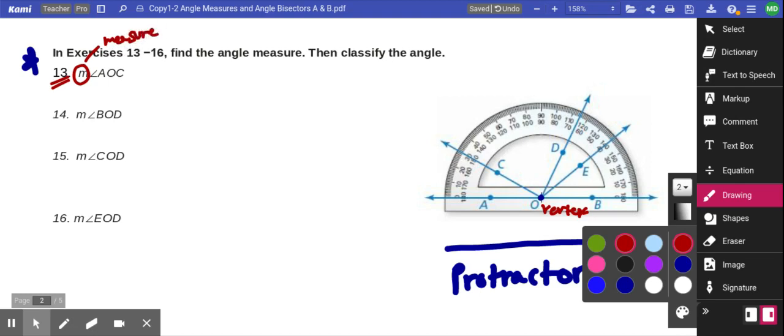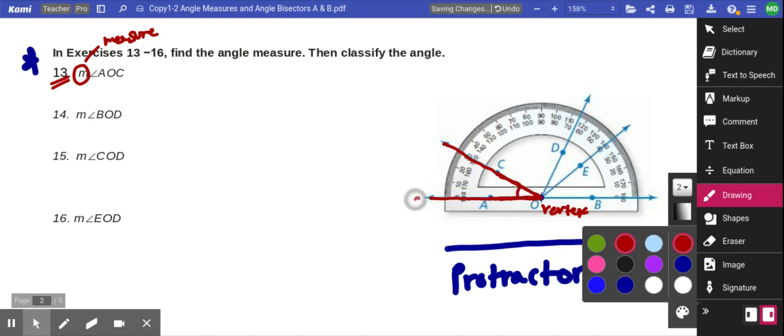Okay, so I'm looking at the measure of angle AOC. So I have to go from A, to O, and C. So I'm looking at this angle right here, from A, through O, and through C. So I'm going to look at what that angle measures using this protractor.